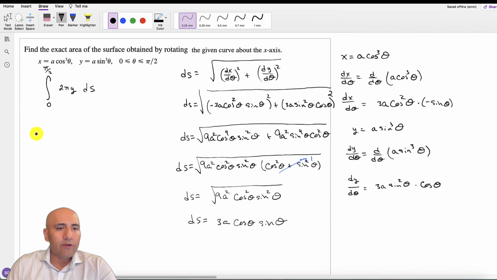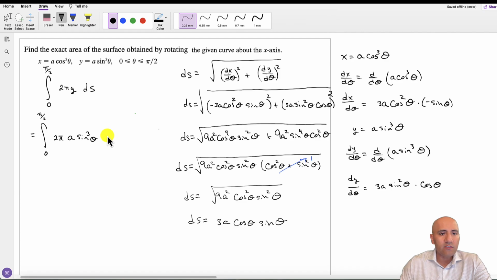So now we can come back over here finally and continue with this integral from 0 to pi over 2. And now we're going to rewrite this as 2 pi, y is equal to a sine cubed theta, times my ds, which is equal to 3a cosine of theta sine of theta. Oh, and I forgot my d theta. Oops.